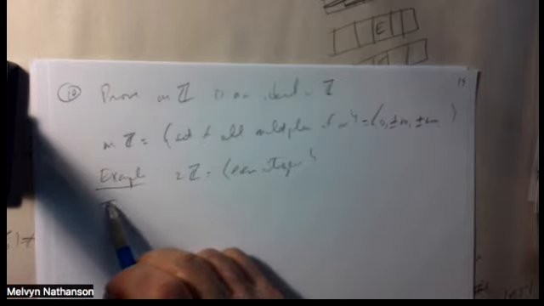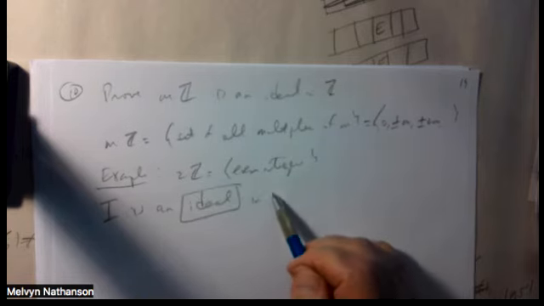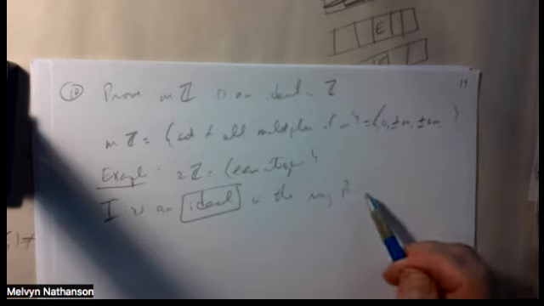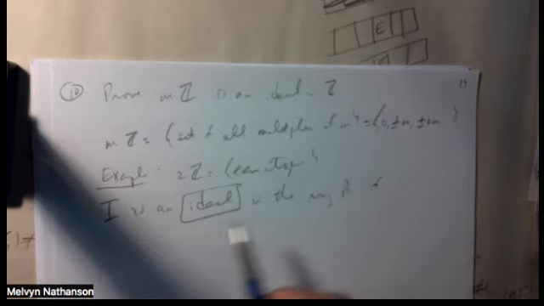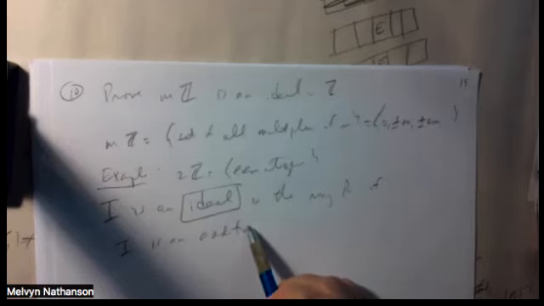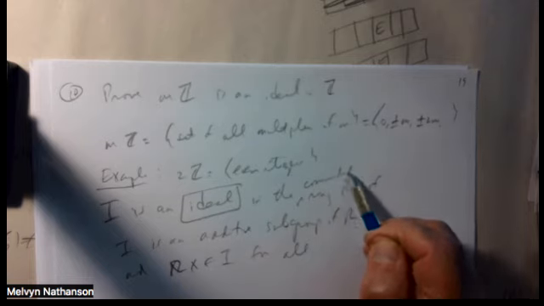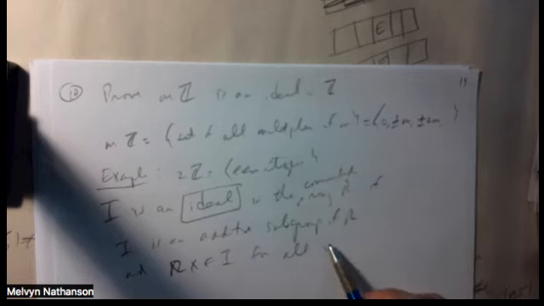Recall, I is an ideal in the ring R if I is an additive subgroup of R and R times X is in I for all X in I and R in the ring.